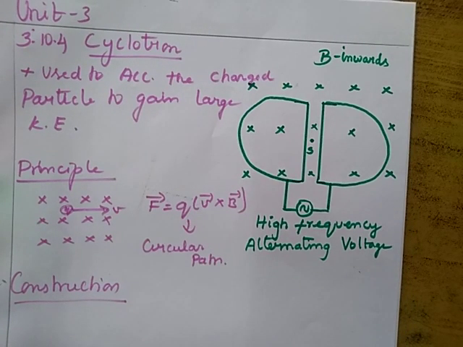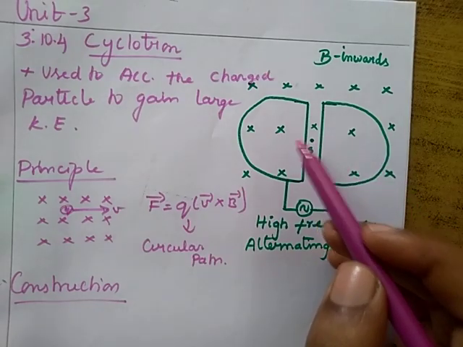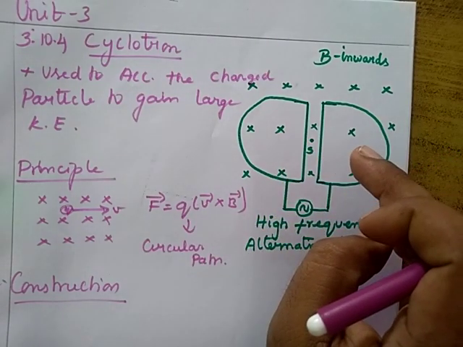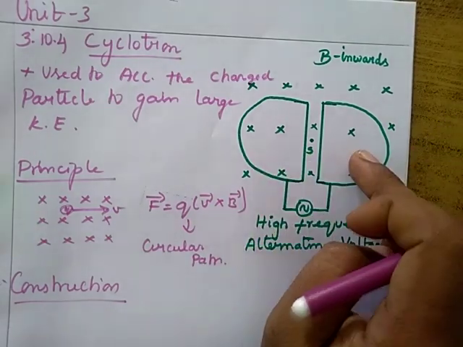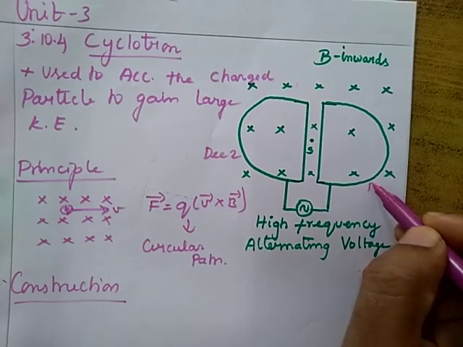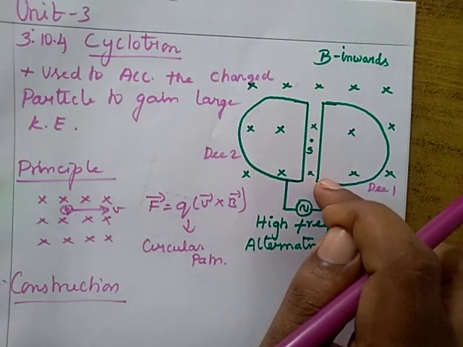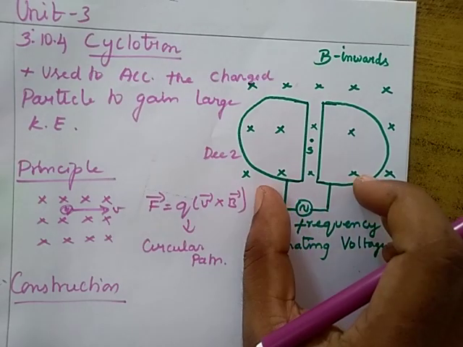A cyclotron consists of two circular metallic cylinders. These are called Ds. This is D2, this is D1. These Ds are enclosed in an evacuated chamber.